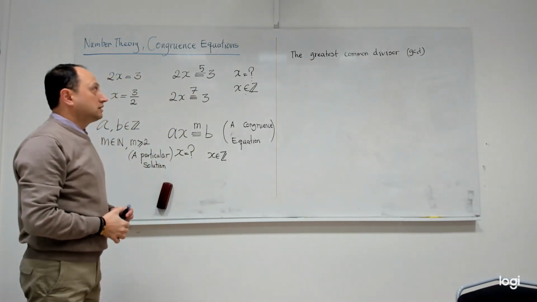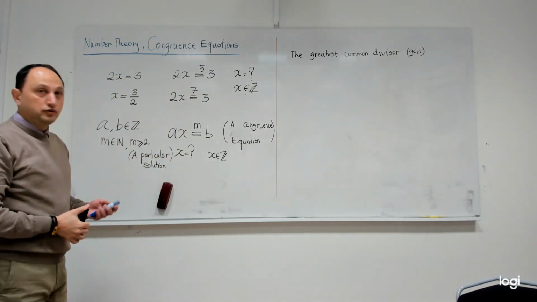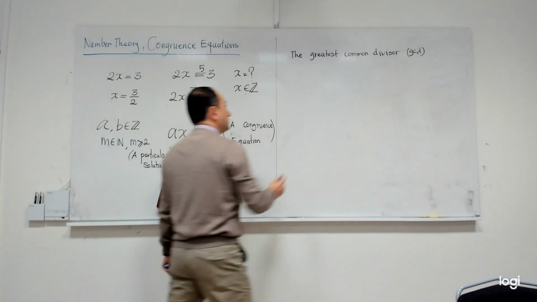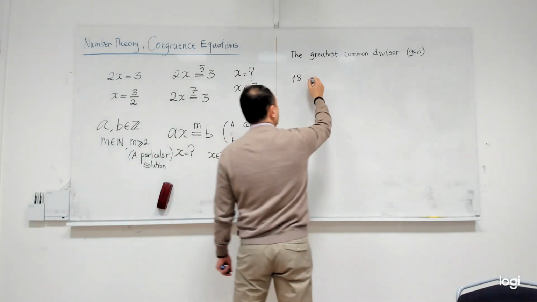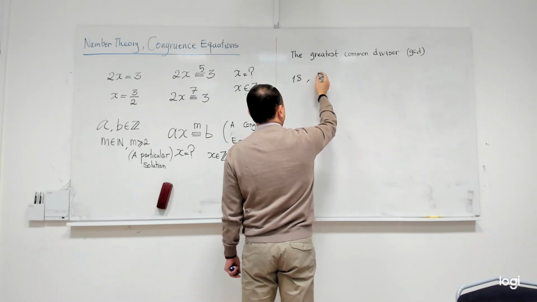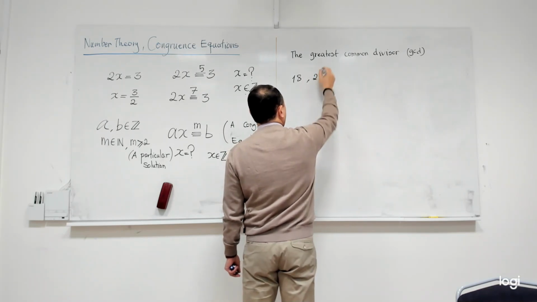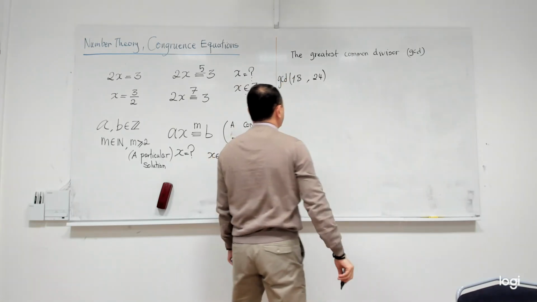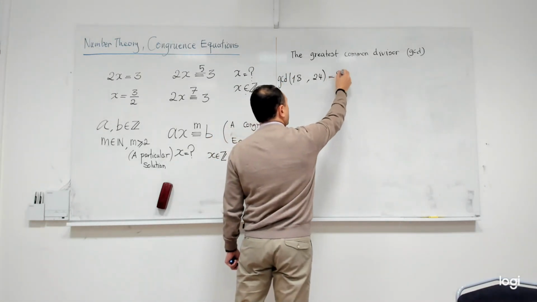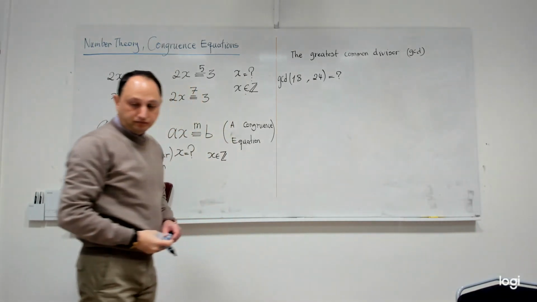So what is the greatest common divisor of two integers? For example, I give you 18 and I give you, say, 24, and I ask you to find the greatest common divisor of these two numbers.